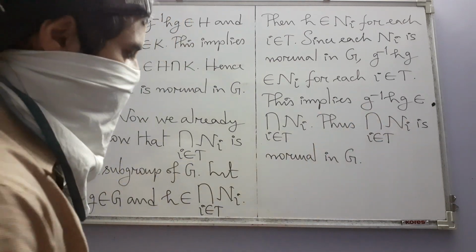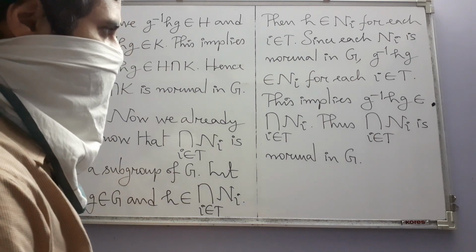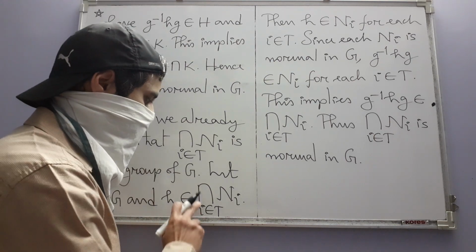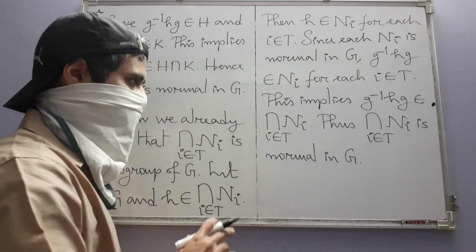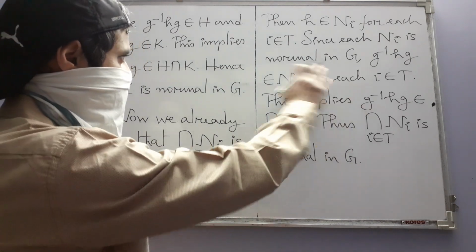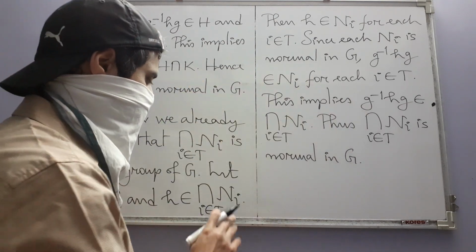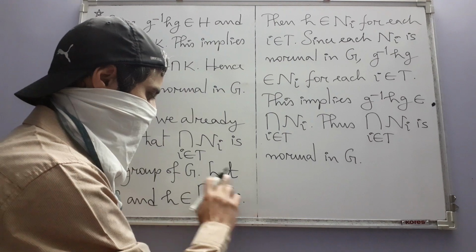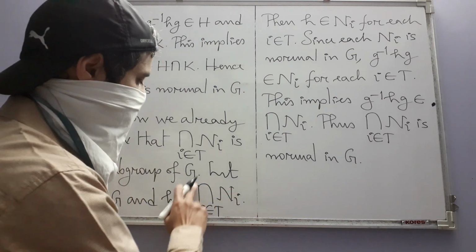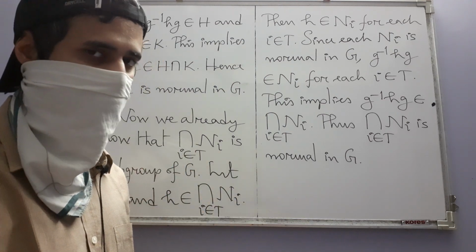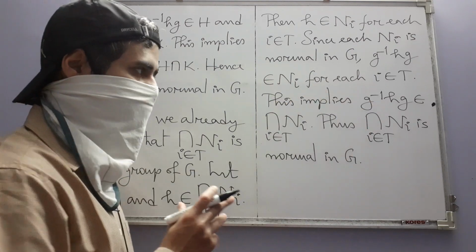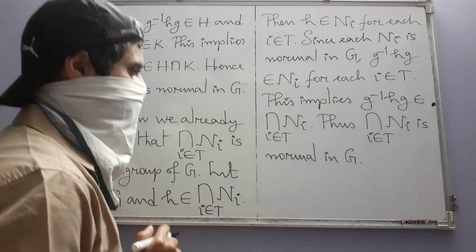Now I must add something about notation. When you write a solution like this, where you have to write things like this again and again at several places, it's better to give it a single name. Say you call this capital N and then you just write N. That way it will be easier.